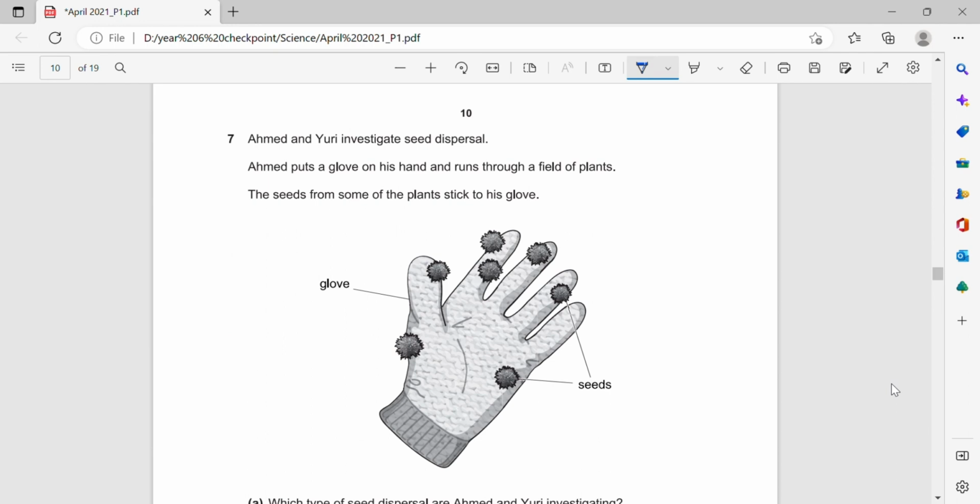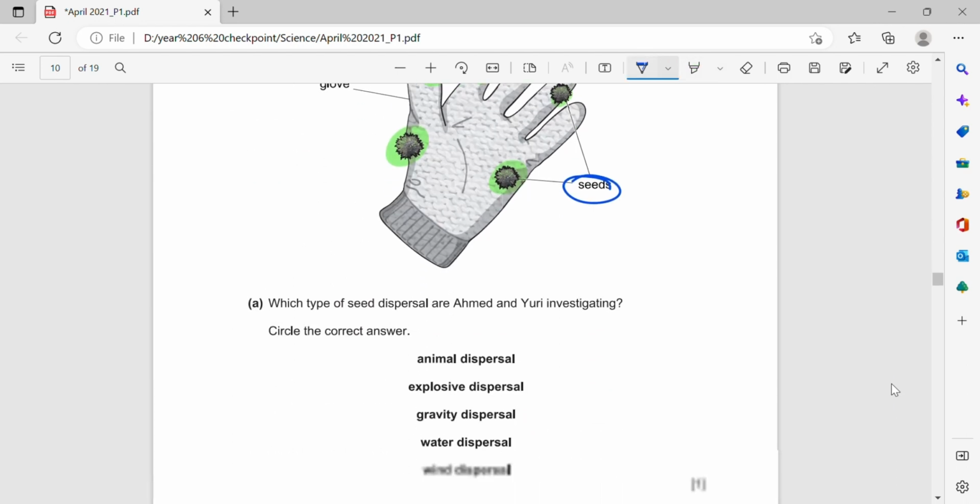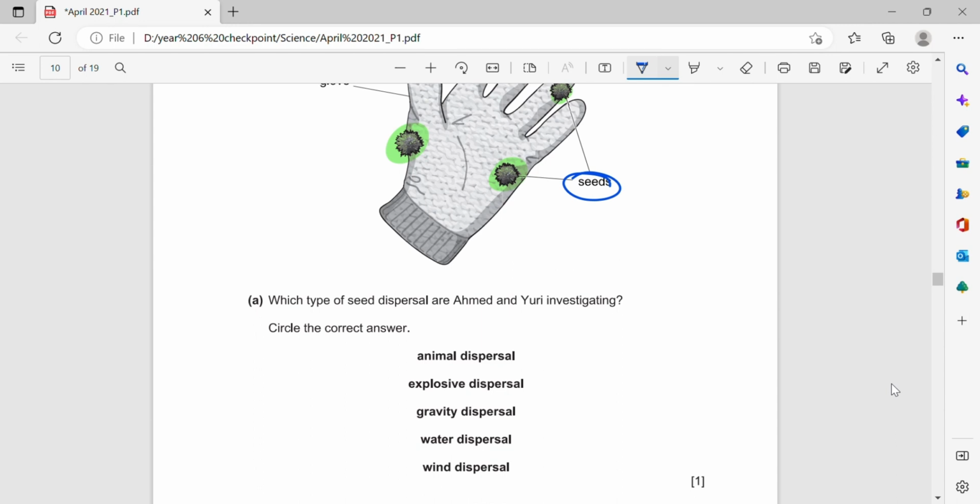Question number 7. Ahmed and Yuri investigate seed dispersal, how the seeds are getting dispersed. Ahmed puts a glove on his hand and runs through a field of plants. The seeds from some of the plants stick to the glove. Which type of seed dispersal are Ahmed and Yuri investigating?